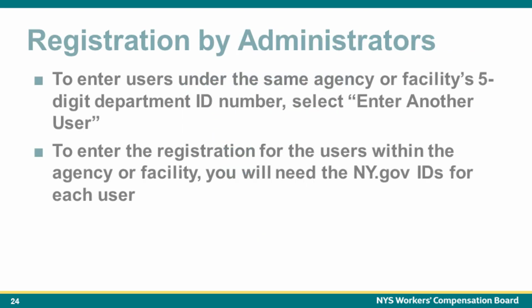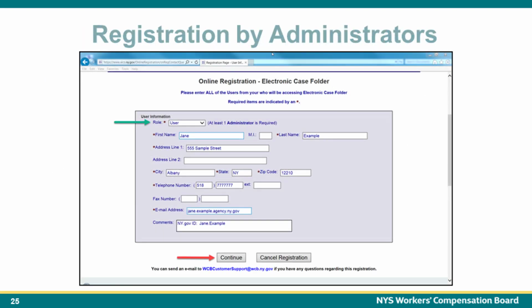To enter users under the same agency or facility's 5-digit department ID number, select Enter Another User. To enter the registration for the users within the agency or facility, you will need the ny.gov IDs for each user.